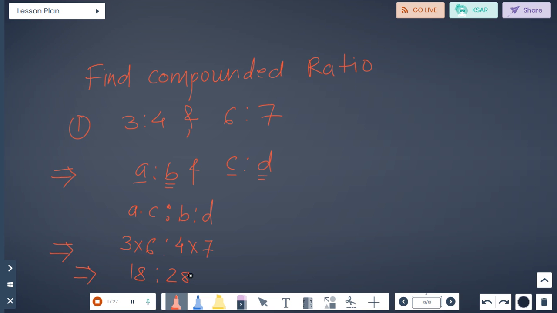So 18 is to 28. After cancelling, this can be written as 9 is to 14. So the compounded ratio of 3 is to 4 and 6 is to 7 becomes 9 is to 14.